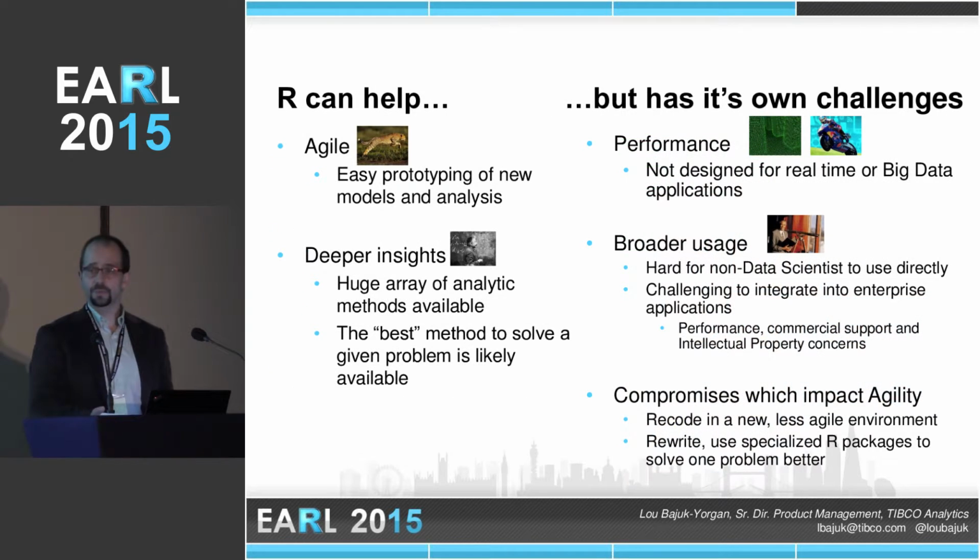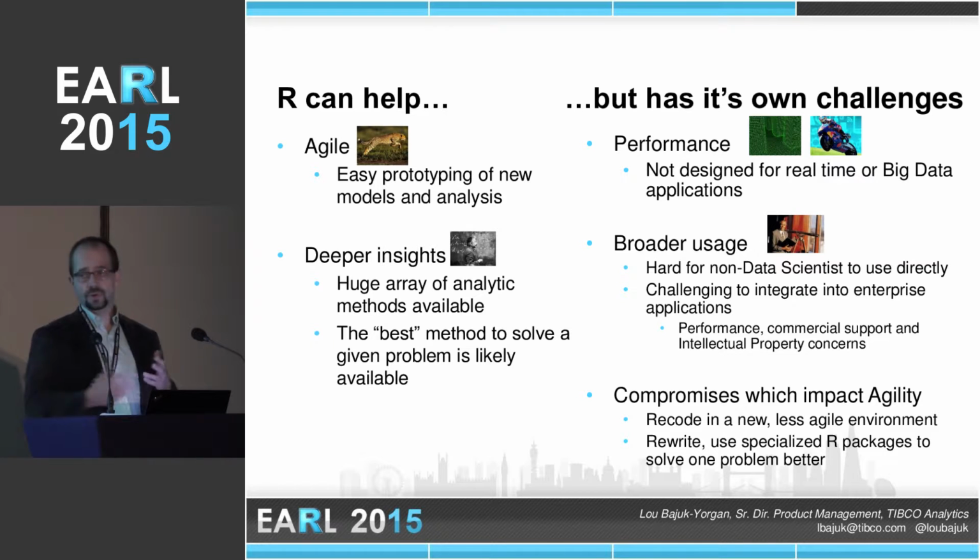And of course, R can help. And if you're here at this conference, you probably believe that R can help with challenges like this. And R has a lot of great things about it that will help with these challenges. For one thing, it's agile. People love R because it's easy to prototype a new model or a new analysis, try many different things, and try and get to an answer reasonably quickly. R is also great because it can help you get these deeper insights that you want to get.